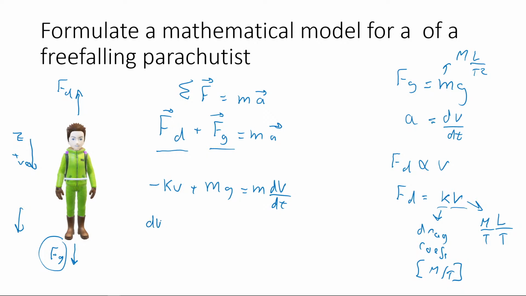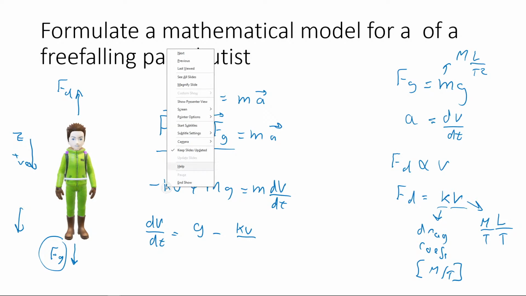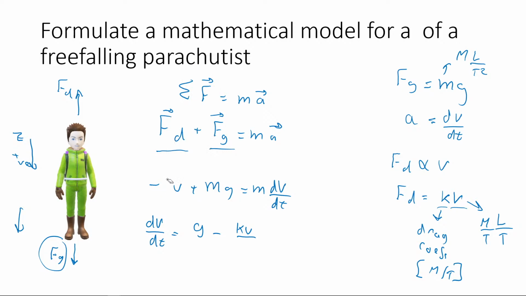So I can say dv over dt equals g minus kv over m. k over m is a constant, so I can just call it c over m, maybe that's easier. Okay, so now I have an equation.